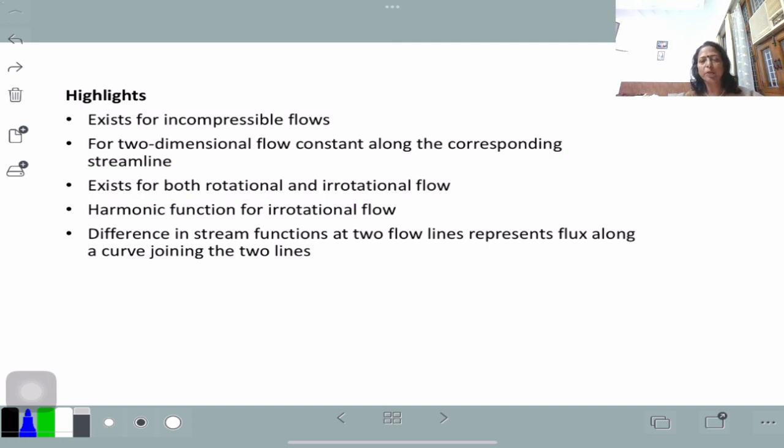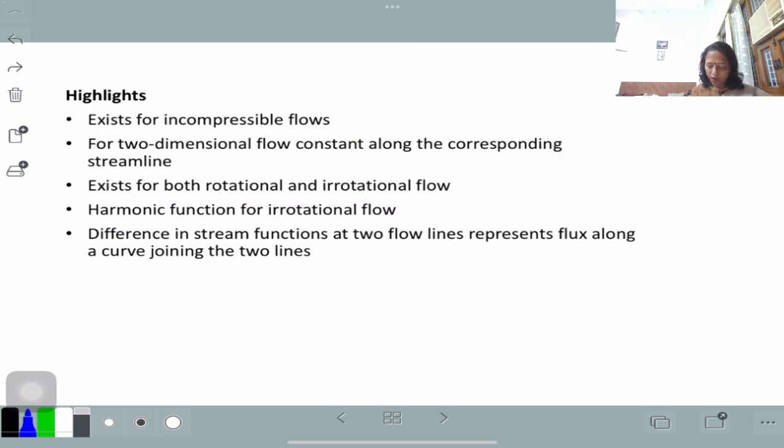So this is a property, or you can say this is the physical significance of a stream function. And also we will represent the velocity in polar coordinates in terms of stream functions.